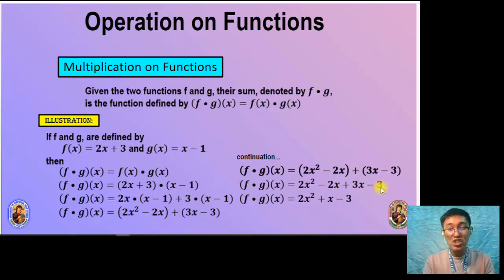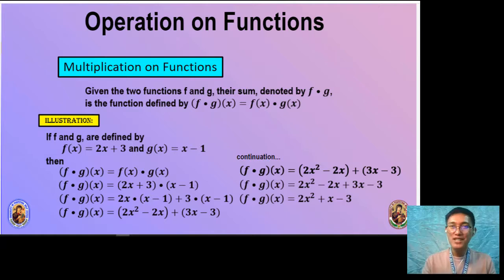Then combine like terms. 2x squared has no like term, so it stays alone. Then -2x plus 3x is positive x, and this -3 has no like term. What we combined here are only the two x terms. That would be -3. And our final answer is 2x squared plus x minus 3.